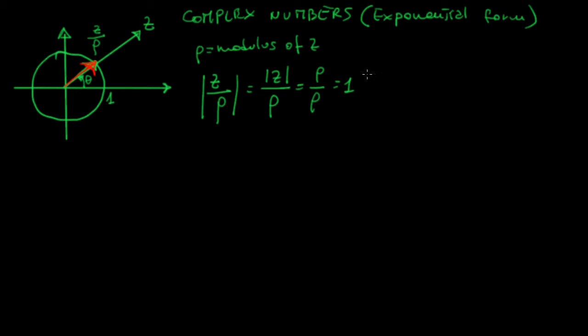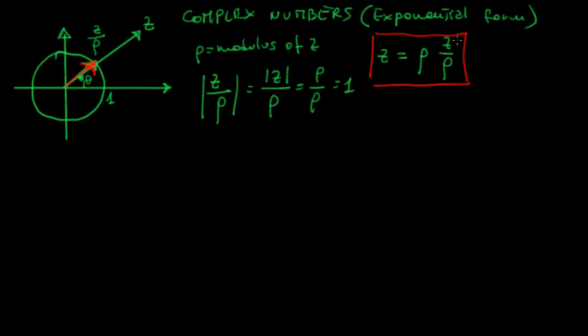And again, it is straightforward to see that z can be thought of as rho times z divided by rho. Keep in mind this expression, which is, I think, very simple. I just divided and multiplied by a real number. But why did we do this consideration?